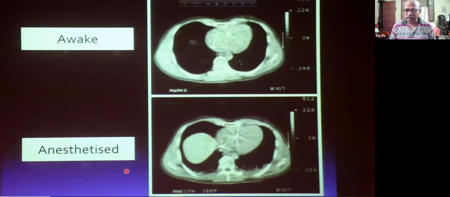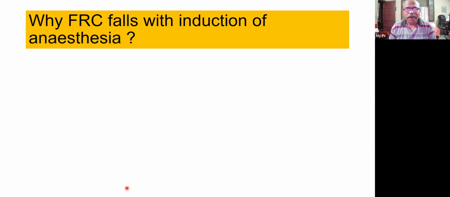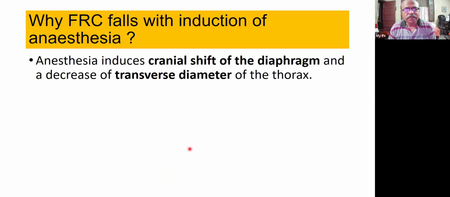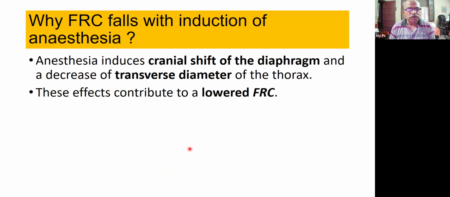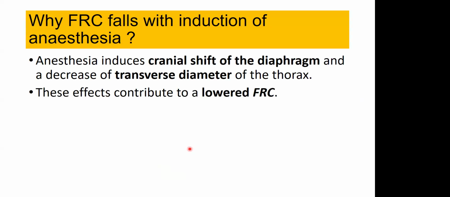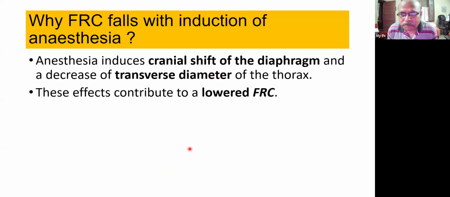If you take a CT scan here, you can see the scan in the awake patient and in the patient when anesthetized, and you can see areas of atelectasis creeping in. So why does the FRC fall with induction of anesthesia? Anesthesia induces a cranial shift of the diaphragm and a decrease in the transverse diameter of the thorax.